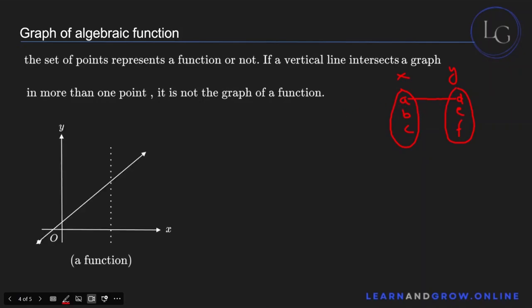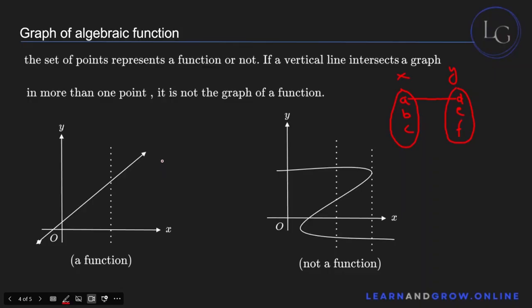And so naturally, if you have these two graphs, you can see that if you draw a line vertically from the x-axis, in this first graph, it gives you exactly 1 point of y, right? Look at this, 1 point in y. Look at this, 1 point in y. So this is indeed a function. But if you look at this one here, if you draw a line at this point, that gives you this point, and it gives you this point as well. So for one value of x, you get two values for y.